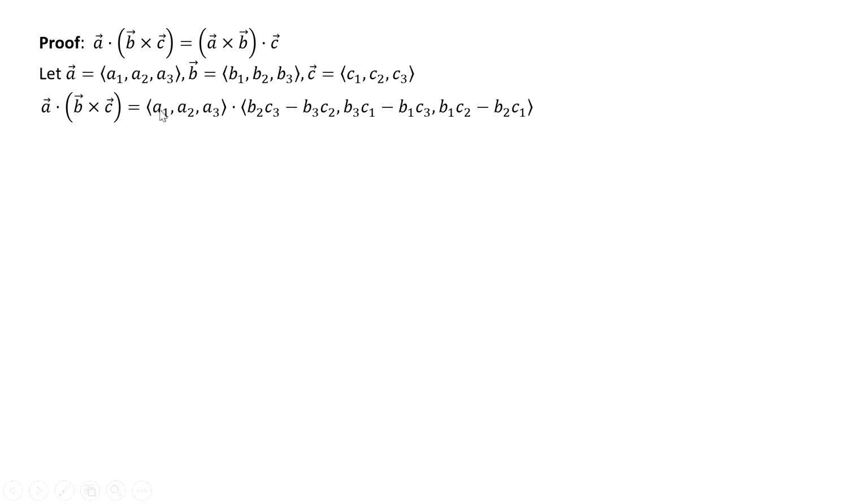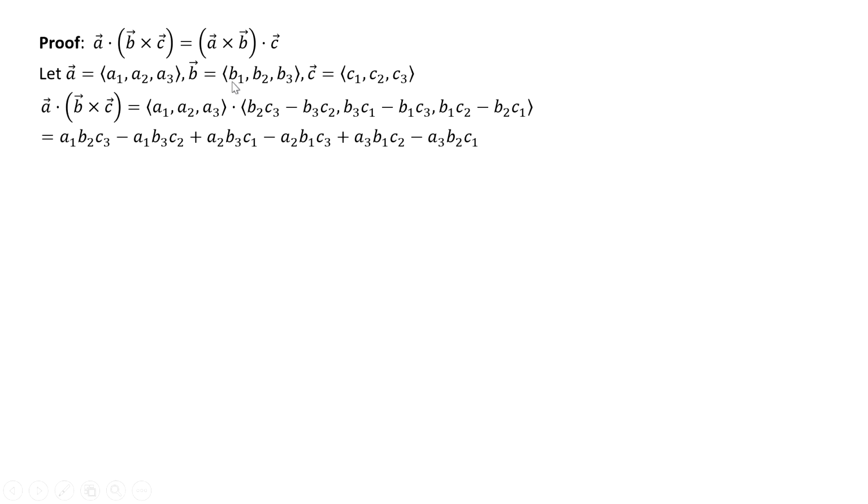Take the first component and multiply by the first component of the second vector, plus the second component of the first vector times the second component of the second vector, plus the third component of the first vector times the third component of the second vector. That's how we find the dot product. And when you do that, trust me, this is what you get.